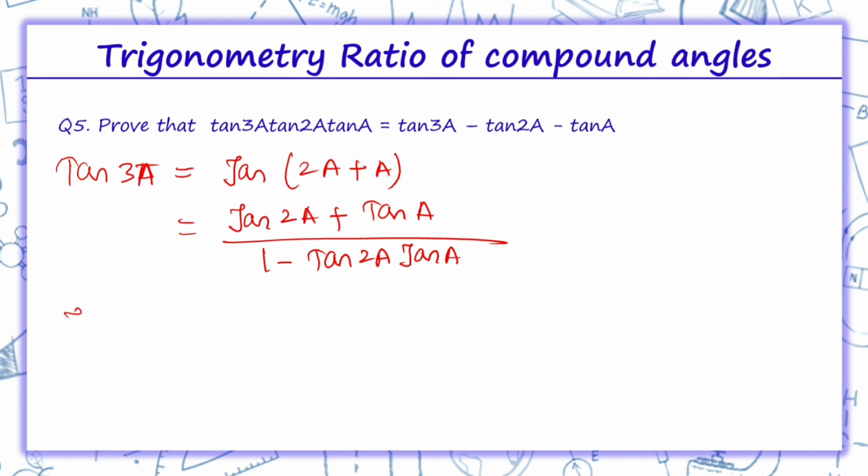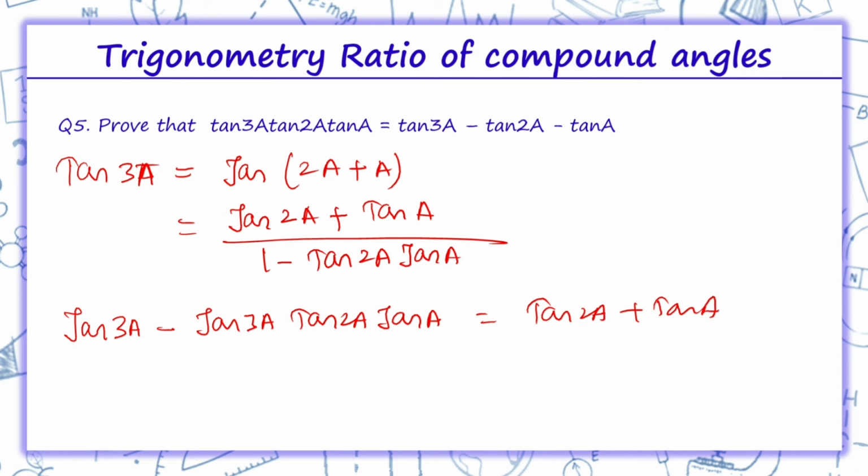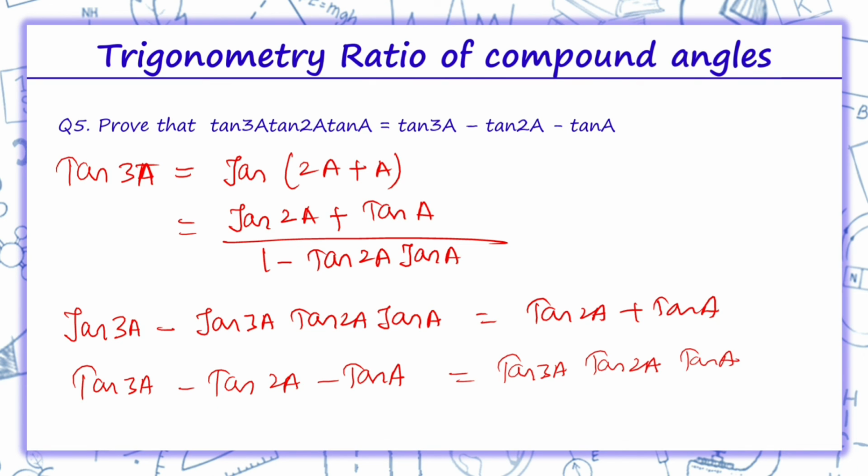On cross multiplication, we will get tan 3a minus tan 3a tan 2a tan a equals tan 2a plus tan a. Shifting to this side, we will get tan 3a minus tan 2a minus tan a, which is equal to tan 3a tan 2a tan a.